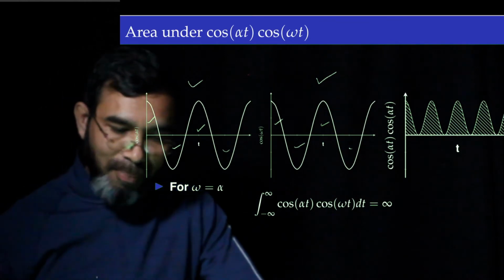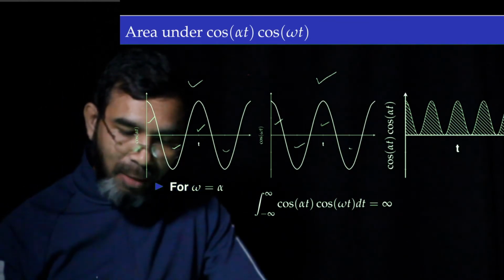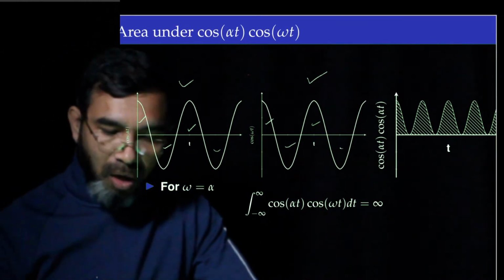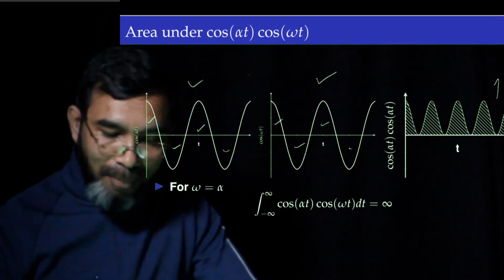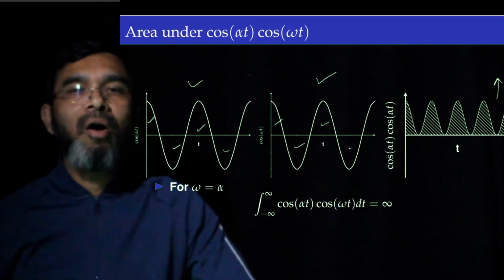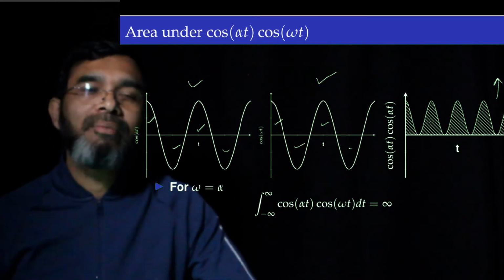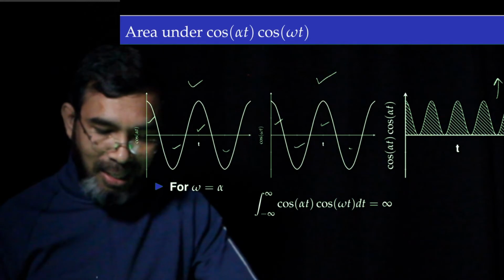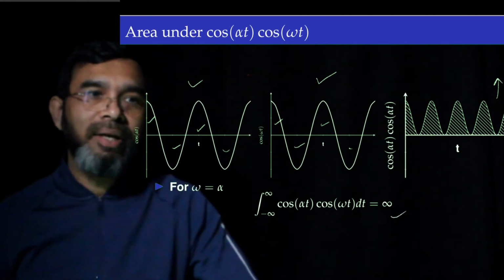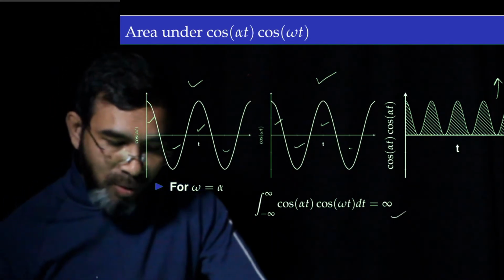In that case, all these terms become positive, meaning the function is always above the y-axis, so all the area terms are positive. If we take the entire horizon from negative infinity to positive infinity, that adds up to infinity. So that's the case when omega equals alpha.